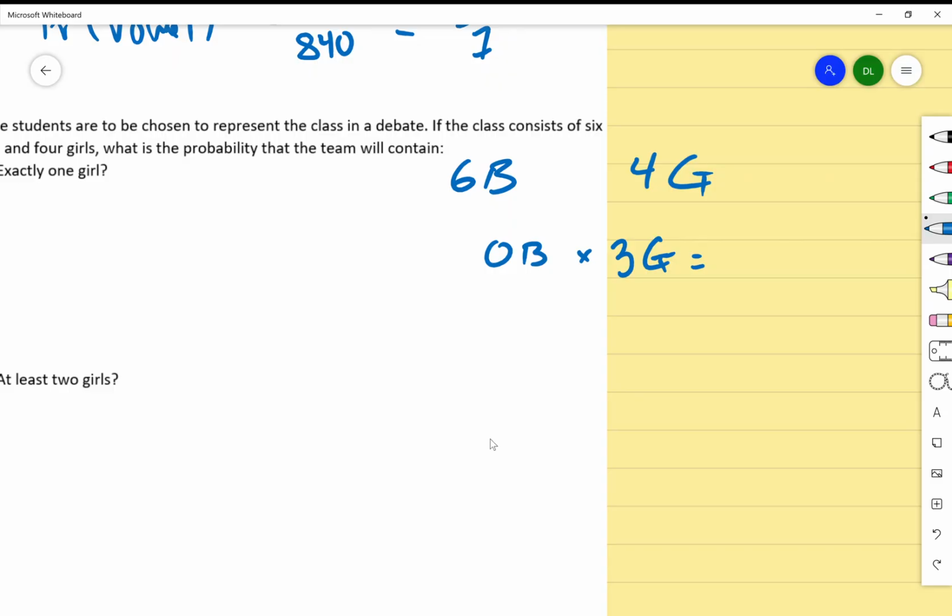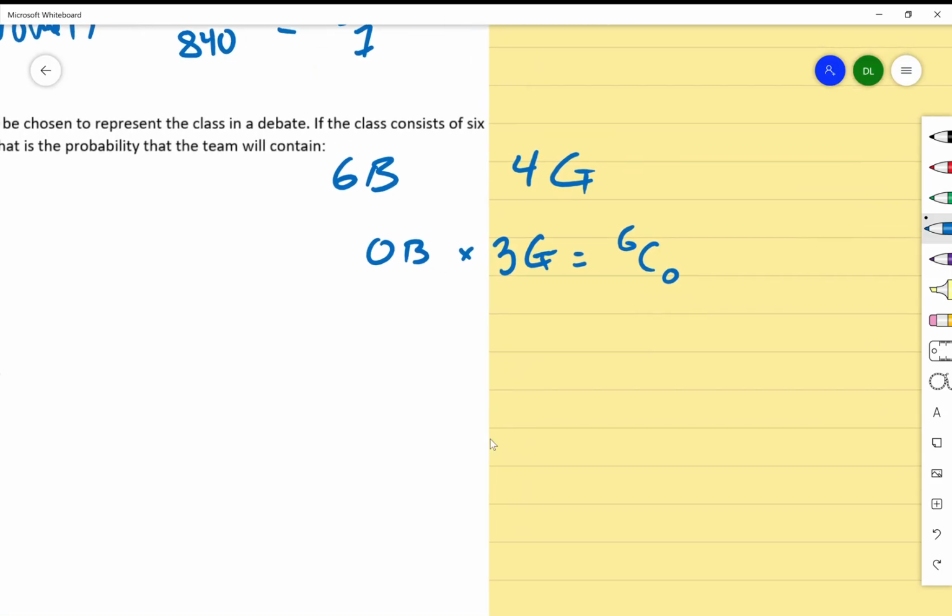To get that, well, we say 6C0, because 6C0 gives us the total of 6 boys to be specific, with 0 of them in the group, and I multiply them by 4C3, because I'm saying there's a total of 4 girls, and we're selecting 3 of them. Now, solving that gives me an answer of 4. You're more than welcome to use a calculator or do that by hand.